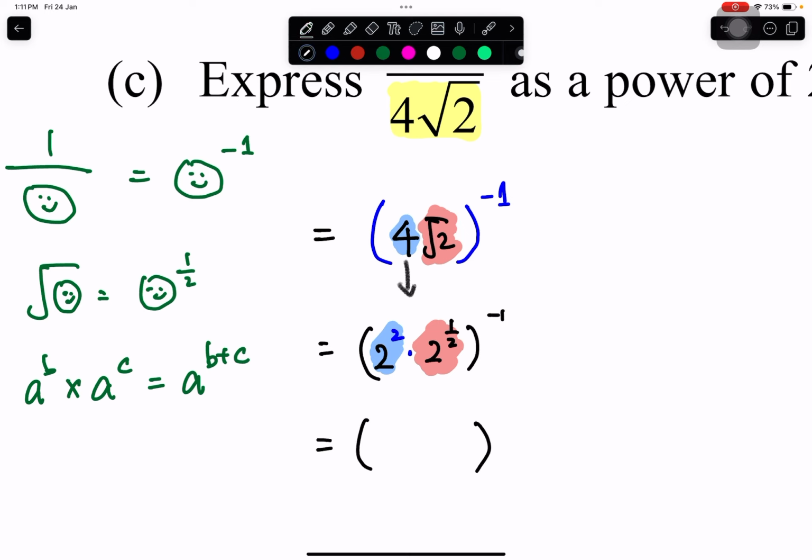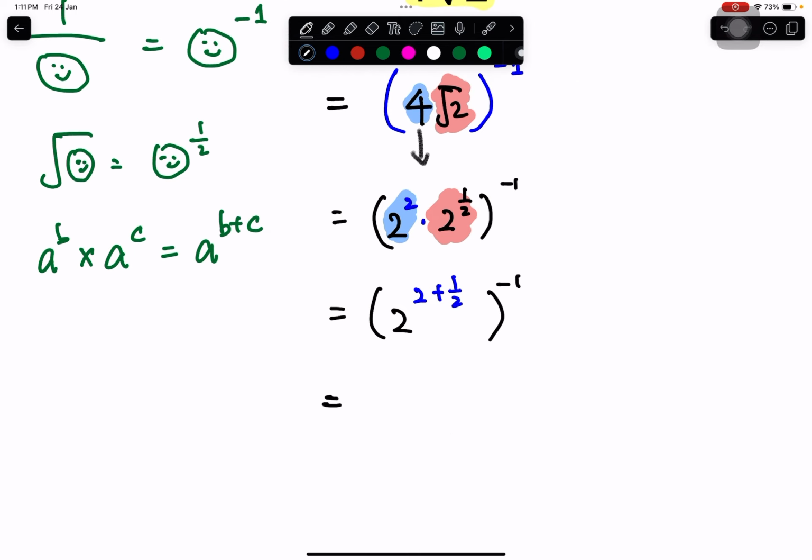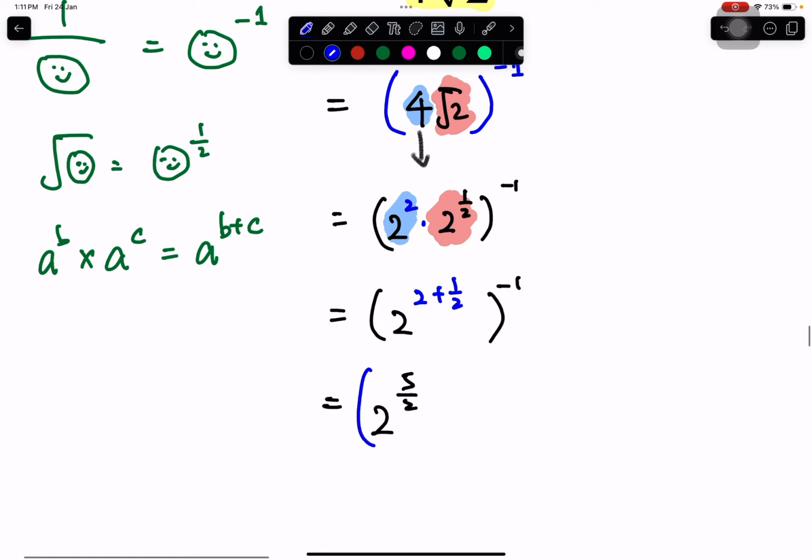So we have 2 to the power of 2 plus the 1 over 2. This multiply sign, it's this dot in the middle, okay? Because they are multiplying together. And now, of course, don't forget your -1 outside. 2 plus 1 over 2, you will have 2 to the power of 5 over 2. And then to the power of -1 outside, okay?